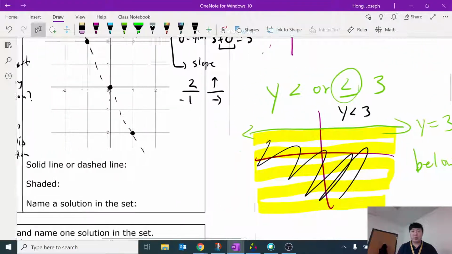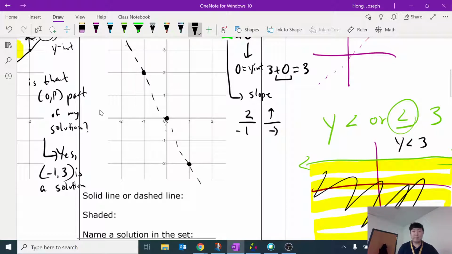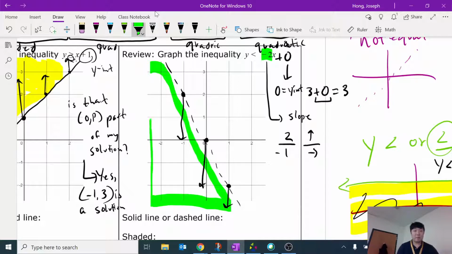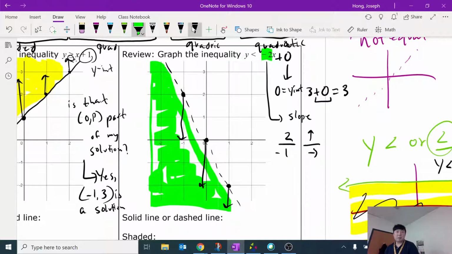So the way that we do that is choose a random point and draw a line straight downwards. Like this. Sure, it makes my graph look ugly, but it helps you because I can now say that anything below this line is part of my solution. So anything inside this area, I'm not going to draw that all the way, is part of my solution.